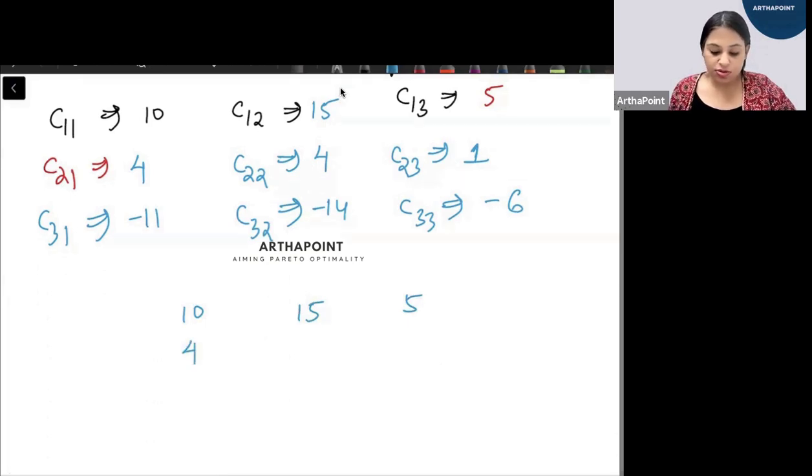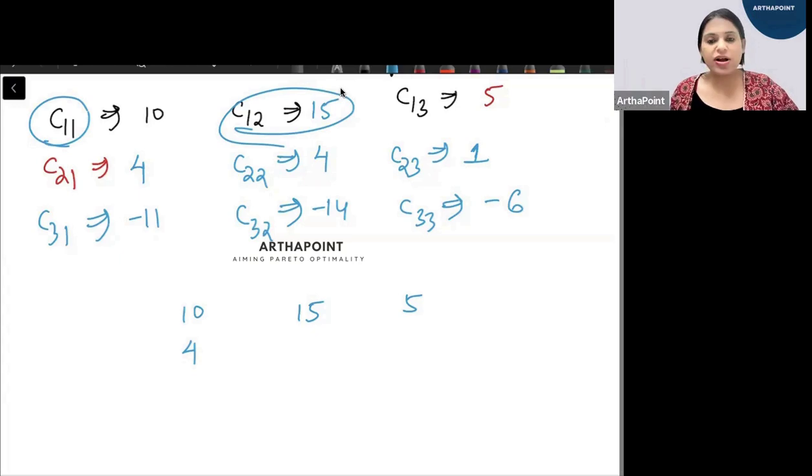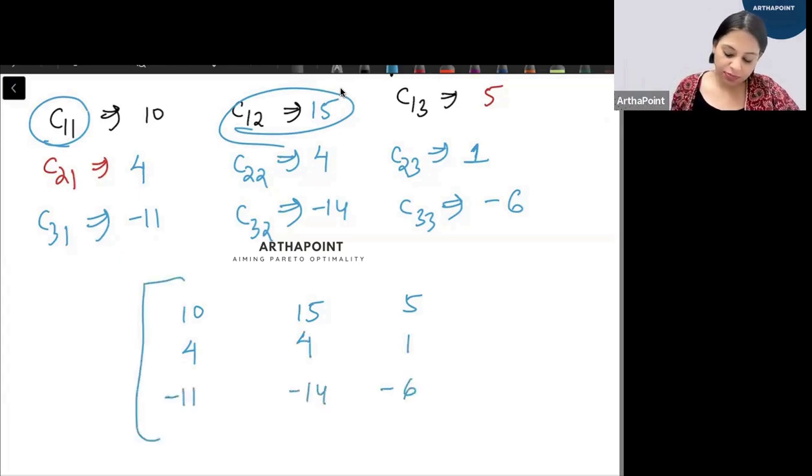Now I have to write the transpose, so I have to take the transpose of C11 C12 C13 and so on. So I write the matrix and then find the transpose. The matrix is 4 4 1, minus 11, minus 14, minus 6.